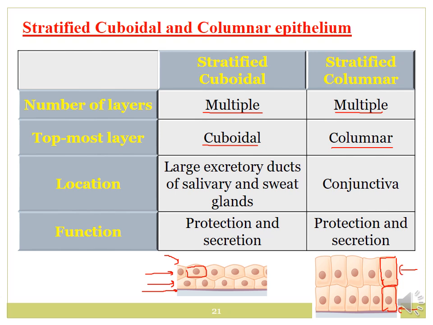It is found in the conjunctiva, and its function is protection and secretion. What is the conjunctiva? The conjunctiva is a thin membrane that covers the sclera of the eye. The white of the eye is covered by conjunctiva, and it also lines the inner surface of the eyelids. It is a protective membrane.